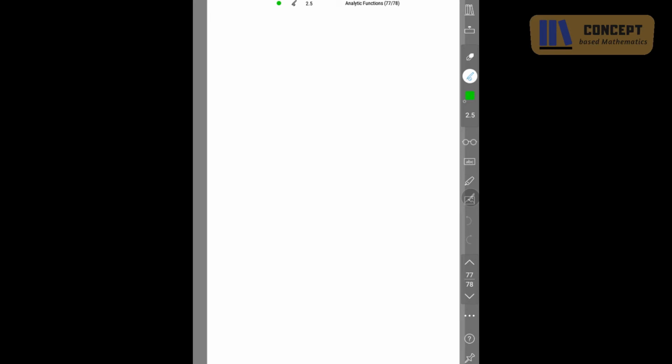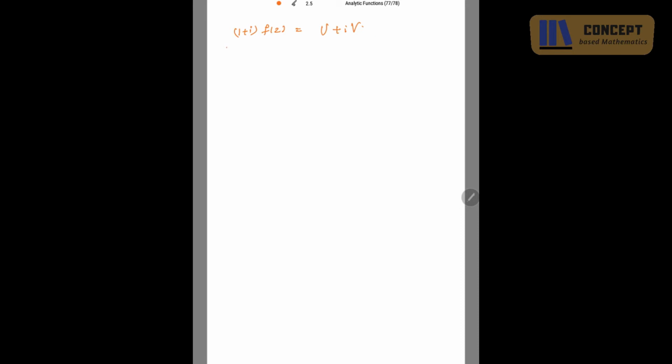So just write that equation for finding f of z, that is, I'm having (1 plus iota) f of z is equal to U plus iota V. Since f of z is an analytic function, so U plus iota V is also analytic.